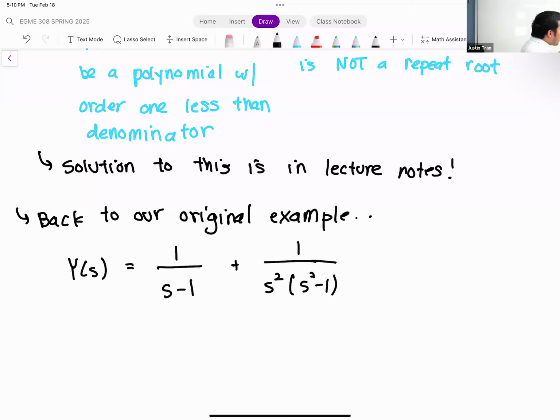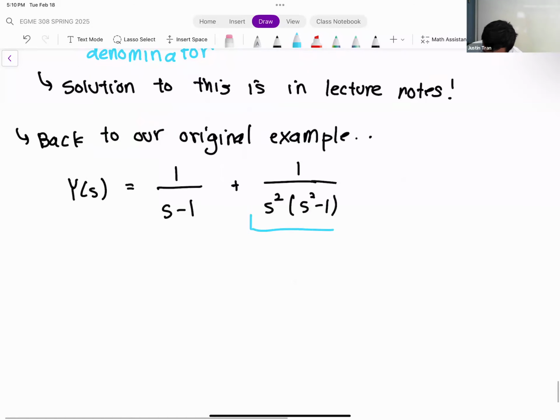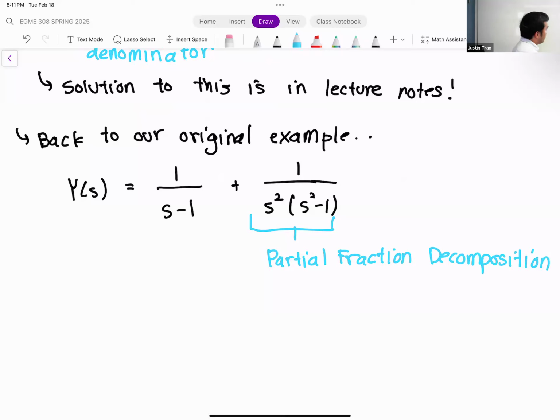And what we said was that in order to properly take the inverse of that second term, the 1 over s squared times s squared minus 1, we need to perform partial fraction decomposition.